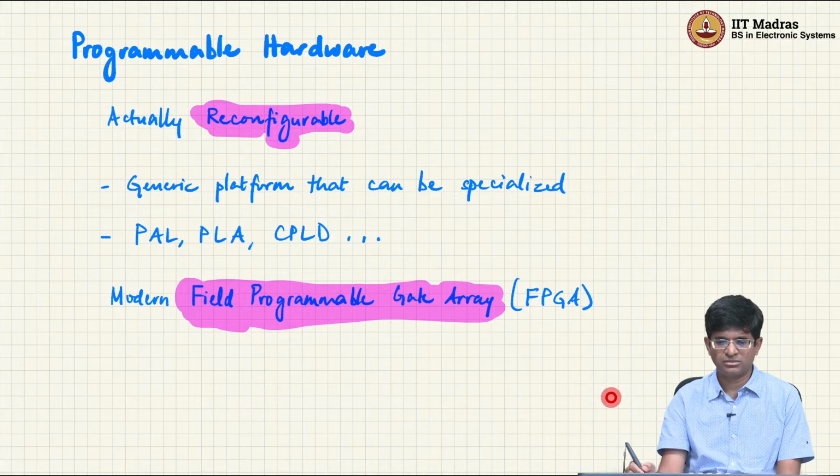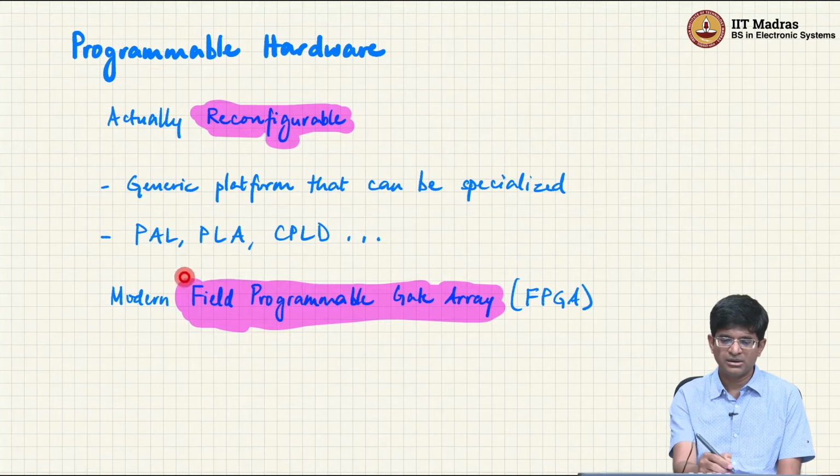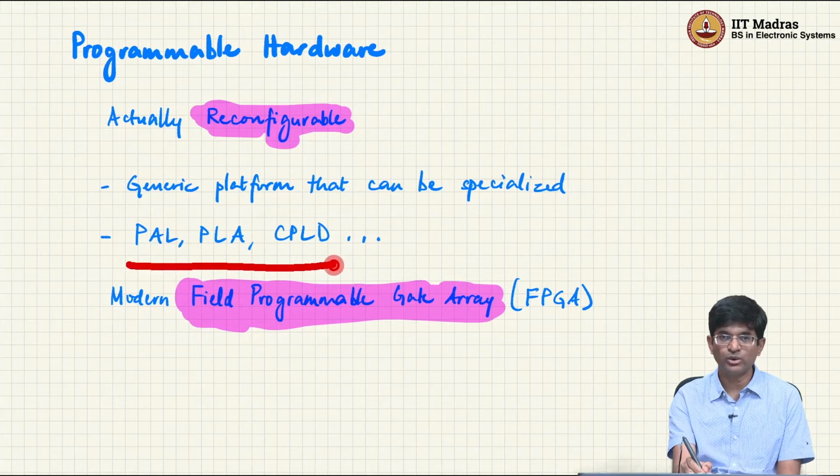So like I said, although we call it programmable hardware, technically it's actually reconfigurable. What you are doing is you are literally changing the underlying connections in the hardware that exists, right? It's a generic platform that can be specialized for a particular kind of operation that you want. This has a very long history. These are not new exactly, right?